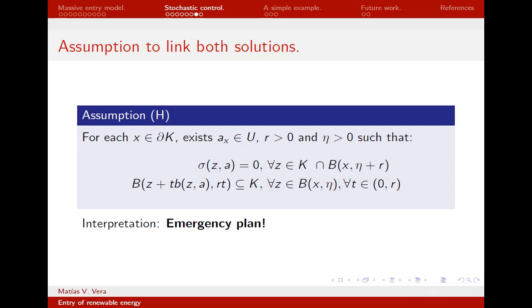So we have to produce everything in every node. That's an emergency. What do we do in case of an emergency? I don't care about solar panels. I buy things from outside. I invest in carbon, so I buy more carbon. And then I go back inside to a place where I'm more comfortable. And then I can go back to the planning of, okay, I'm going to rely on solar and things like that, okay? So this assumption, even though it's very restrictive, is very intuitive for the type of problem we're working on, okay?